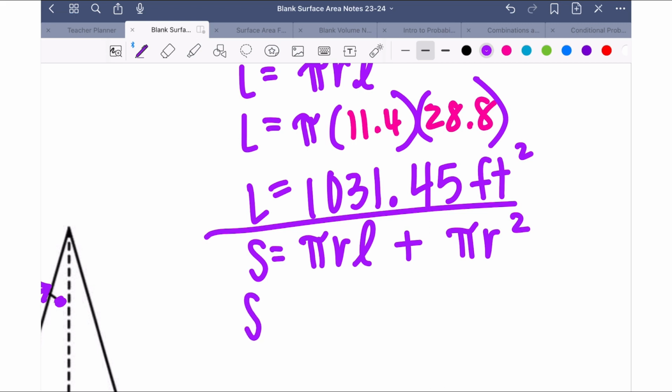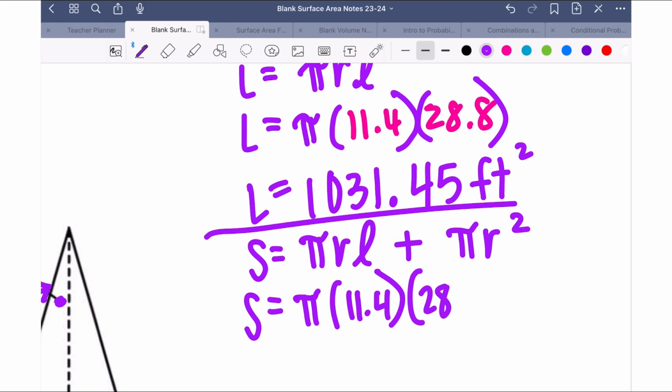All right, let's copy everything in, fill in the variables. So my radius is 11.4. Pi times 11.4 times your slant height, which was 28.8, right?